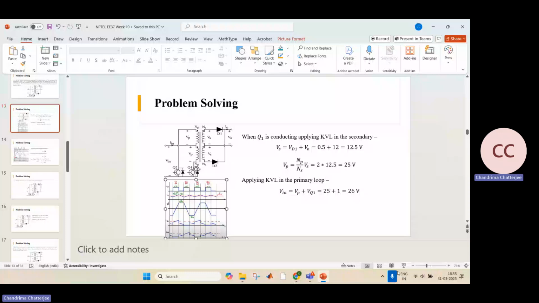Okay, so let's see the next question. What they are asking, referring to question 1, is what is the percentage efficiency of the converter?